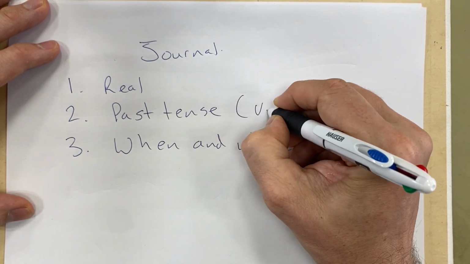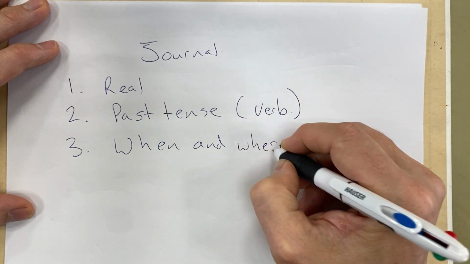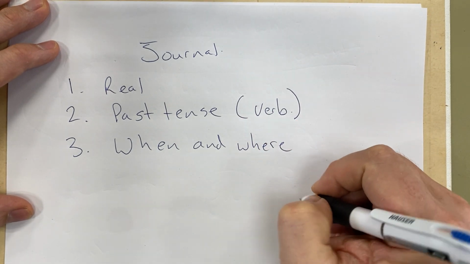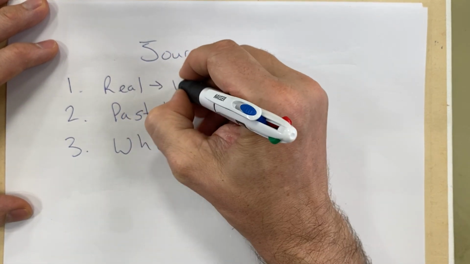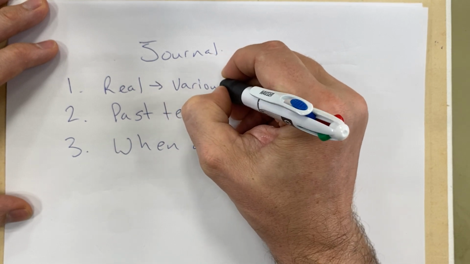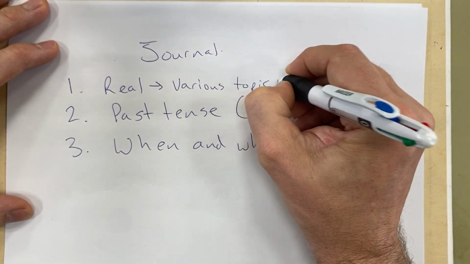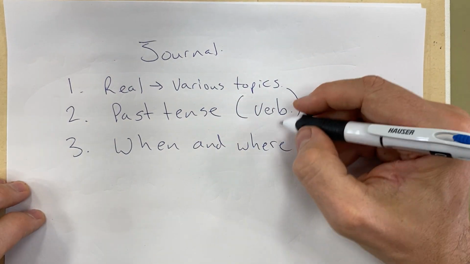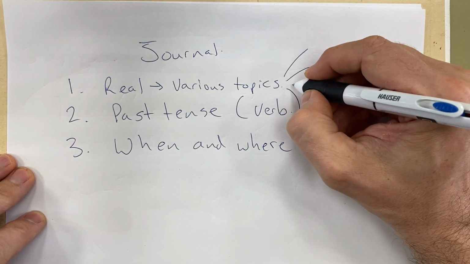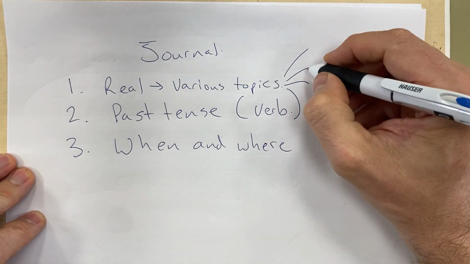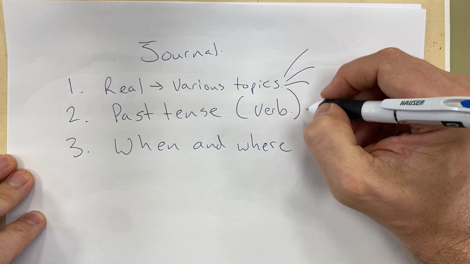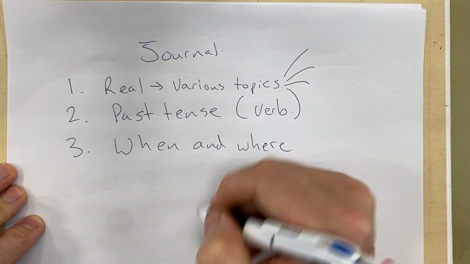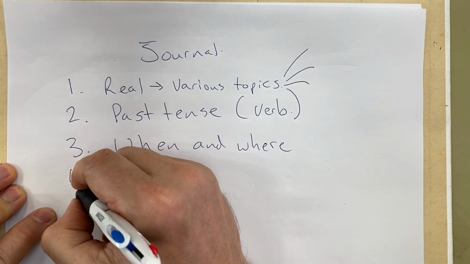And here you've got to watch your verb. And what else is it? I think the real is like various topics, right? So you really need to get good at those various situations, depending, are you going to travel? Are you going to work? Are you going to university? The English is slightly different, right? We can talk about that later. But this is basically what you need to do.